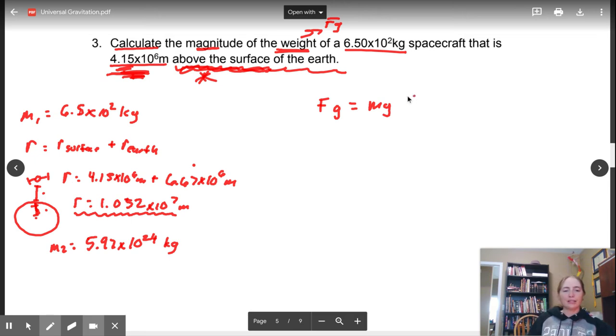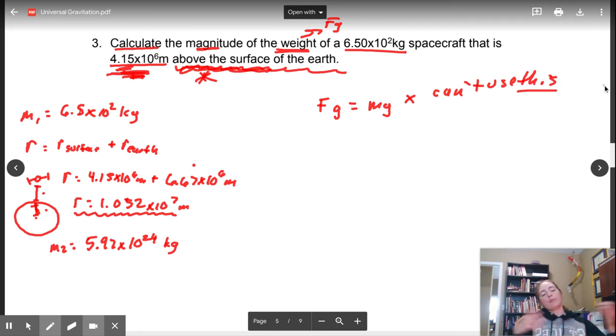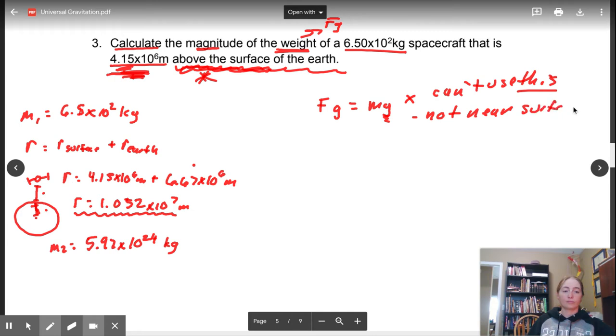You can't use this. Why can we not use this equation? We don't know G. We are not near the surface of the Earth. You can only use this equation near the surface of the Earth. We have to use Newton's universal law of gravitation.